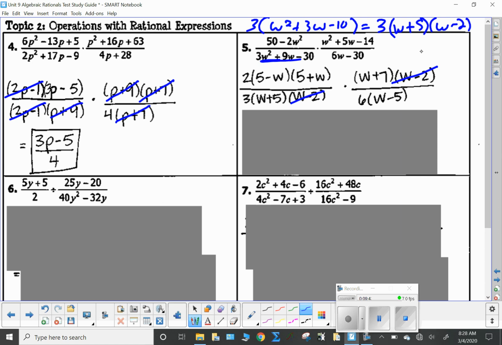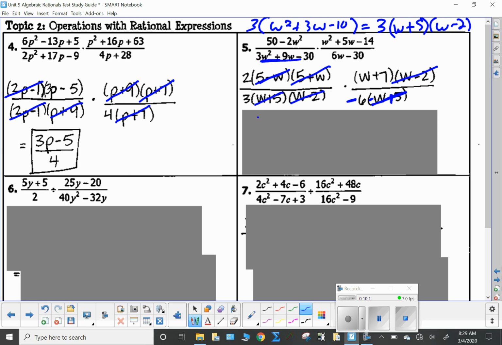Now, I have a 5 plus w and a w plus 5. Commutative property says they're the same. This one and this one are so close. If I take a negative out, though, to make this negative 6, this becomes negative w and positive 5. Negative w, positive 5. This will cancel with this. Now, you can do this in a couple of steps.